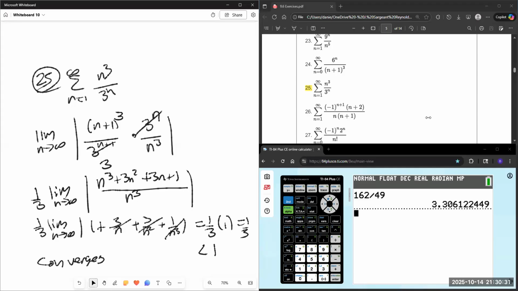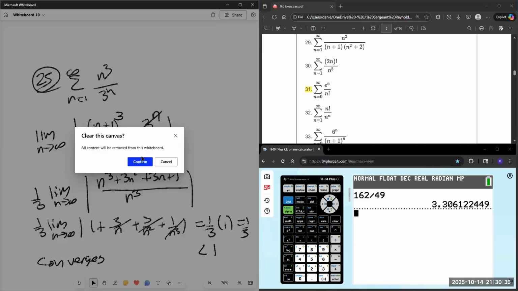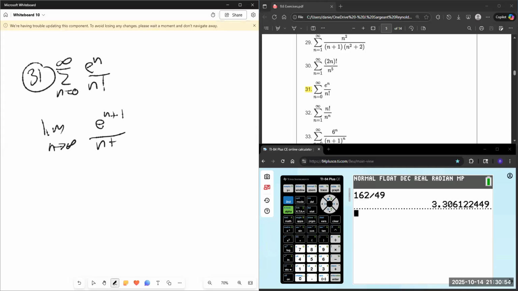Let's look at 31. Summation n equals 0 to infinity of e to the n over n factorial. So this will be the limit as n goes to infinity of e to the n plus 1 over (n plus 1) factorial times n factorial over e to the n.